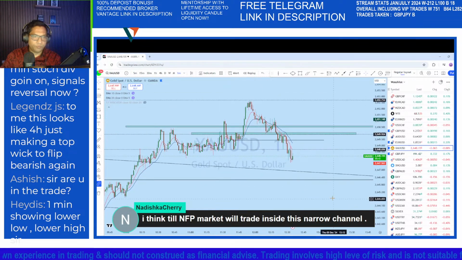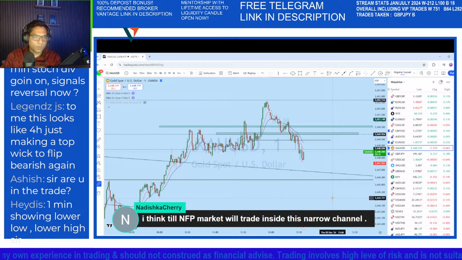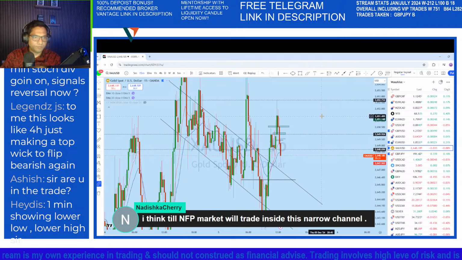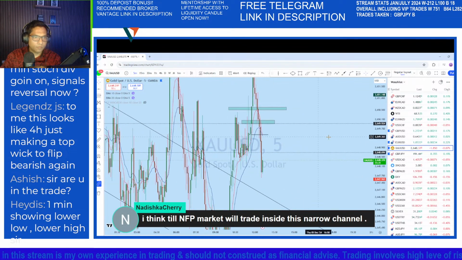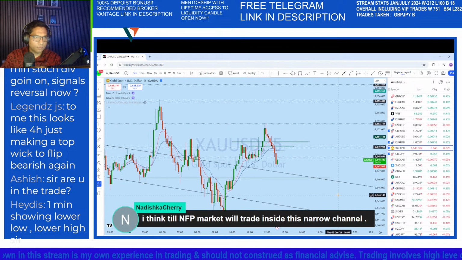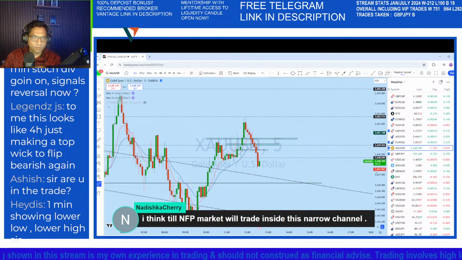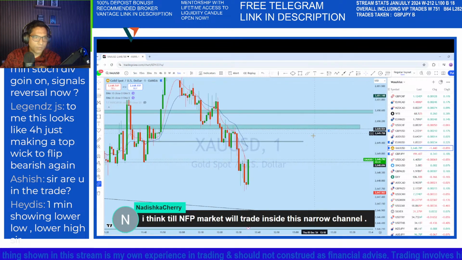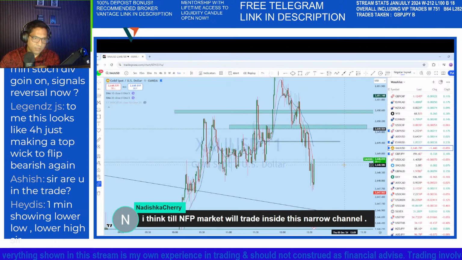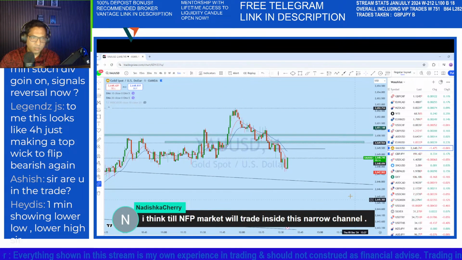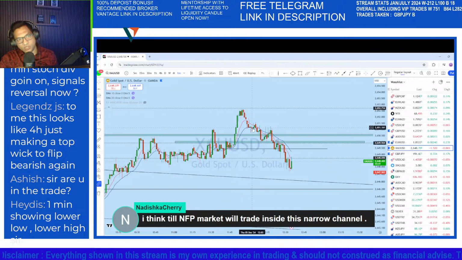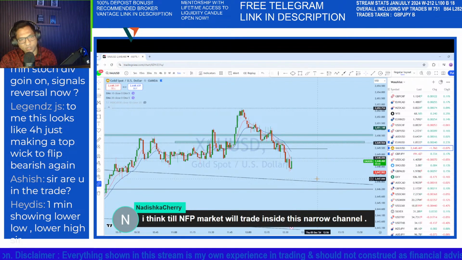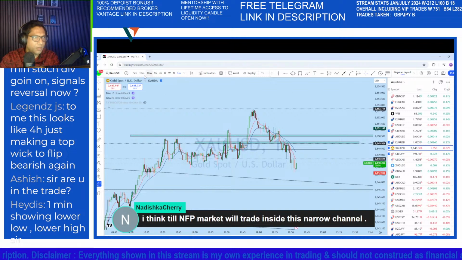Okay, so there's a fair value gap. So you might see a pickup from this level. You can see there was a bounce, and then it has broken below this level, currently below all this support level.